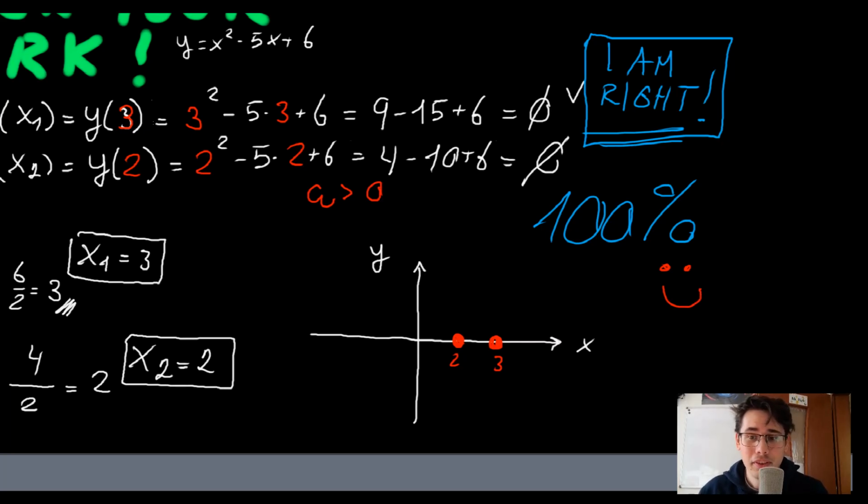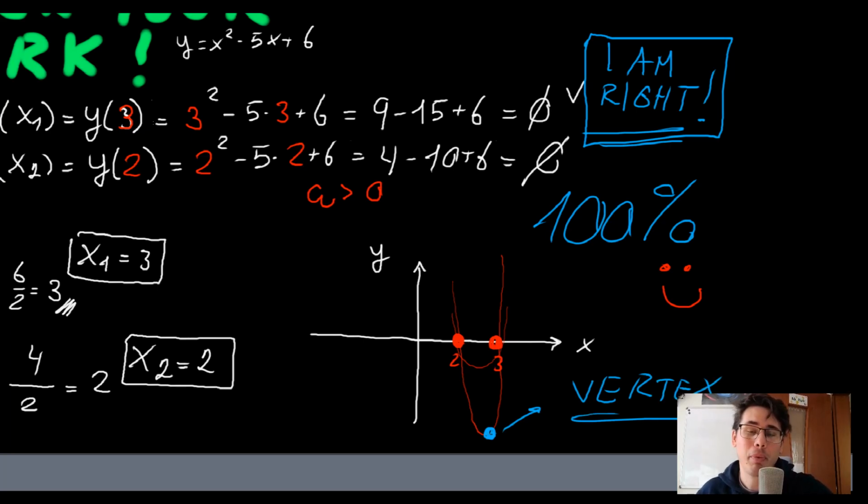However, where do you draw it? Is it a small one, or a large quadratic function? We don't know yet, because in the next video, we will calculate the last point that we need, which is called the vertex. We need to find the vertex so that we can draw the entire quadratic function.